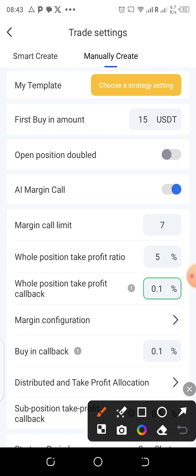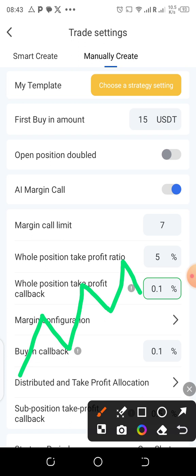Remember the crypto market always moves up and down, up and down. So whole position take profit callback simply means if the market moves up by 5%, it has reached our trigger price. They take profit.